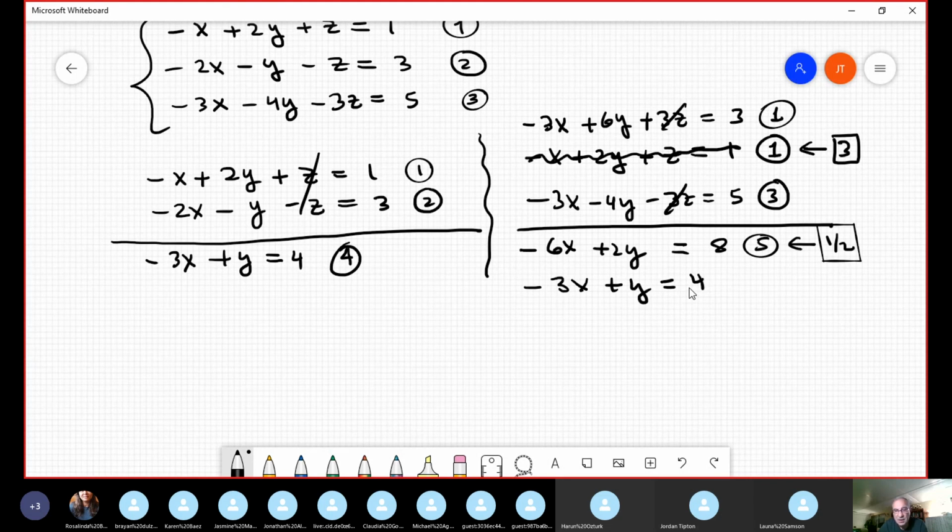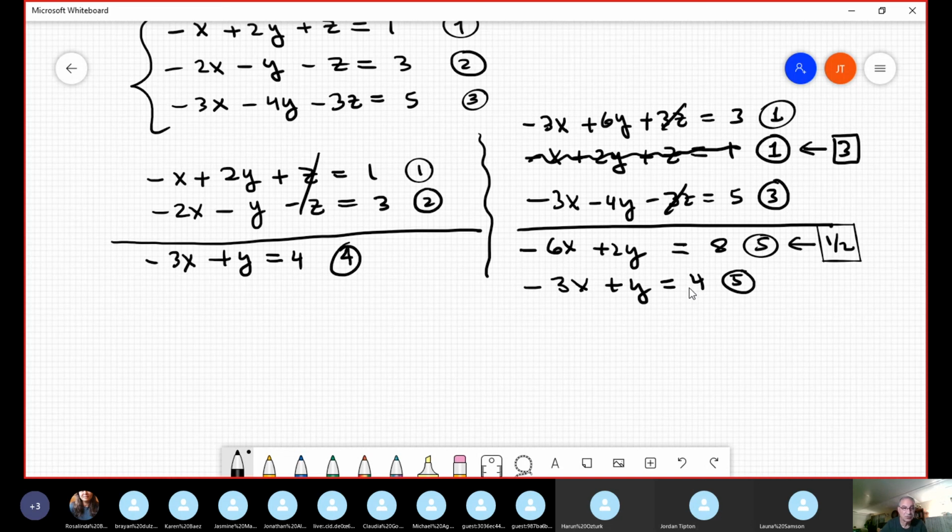Wow, amazing. This equation 5 is identical to equation 4. When this situation happens, we have infinitely many solutions, not one solution. Because you put together 4 and 5, it's the same. 0 equals 0. Infinitely many solutions.